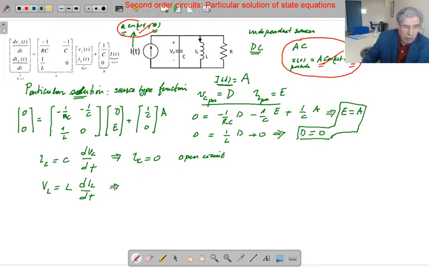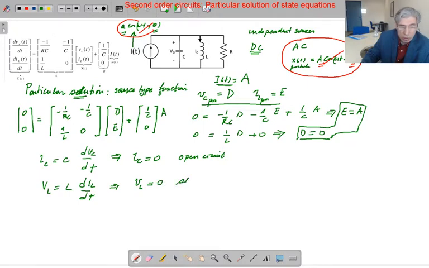For this one, since IL is going to be a constant in the form of the independent source, the derivative of this constant is going to be 0. From that, I can say that VL, that means the inductor voltage, is equal to 0.